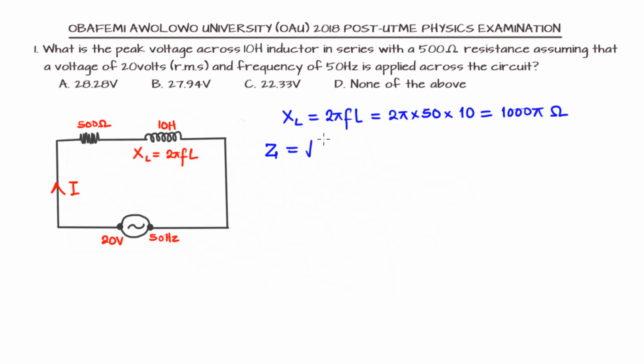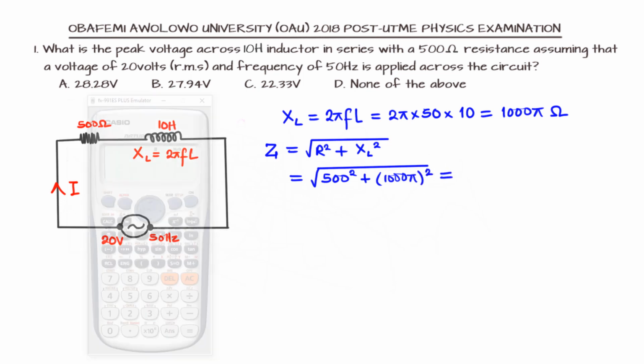Now, the impedance from the formula that we know we need to use, that will be the square root of R raised to power 2 plus the square of the inductive reactance. So if you have to put in these values, R is 500, so we have 500 raised to power 2 plus the inductive reactance have been calculated to be 1,000 pi, so we have 1,000 pi raised to power 2.